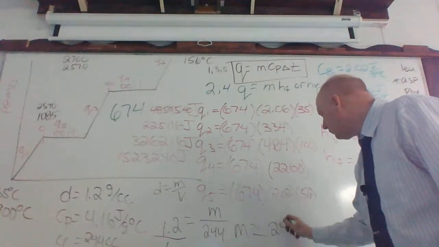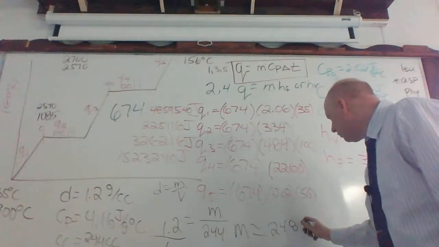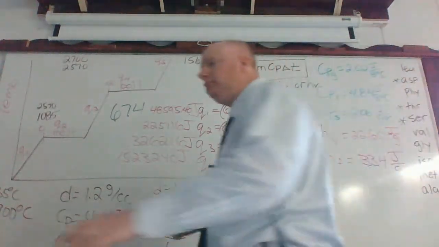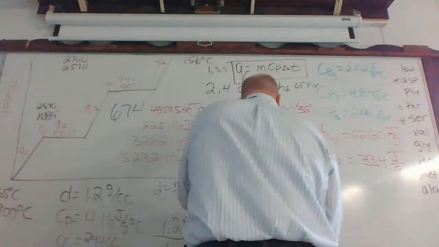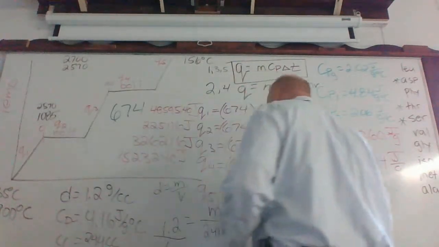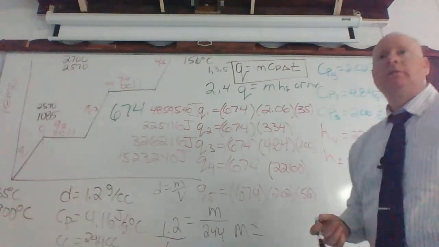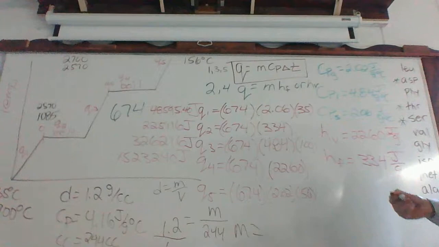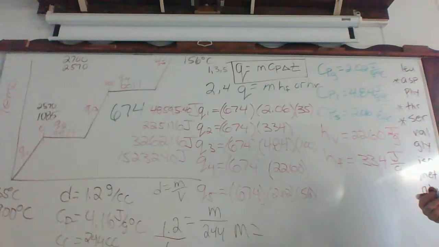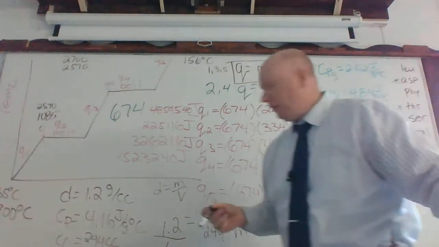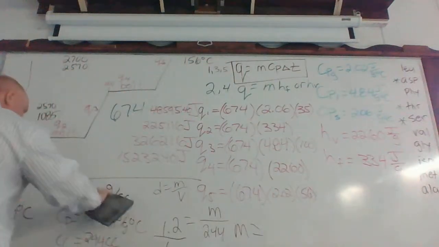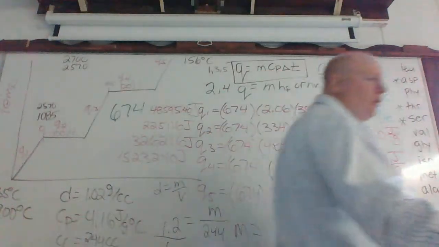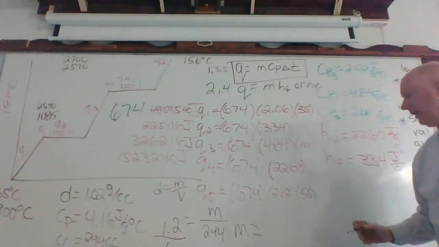I'm using 1.02 for the density. Is it 1.2 or 1.02? 1.02. Okay, so now when you cross multiply, what do we get for a mass?